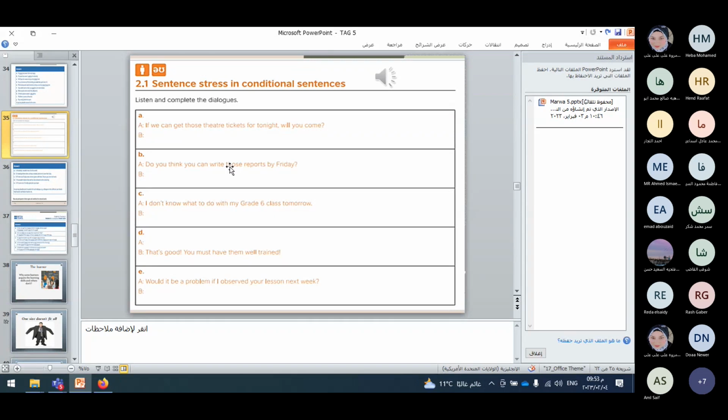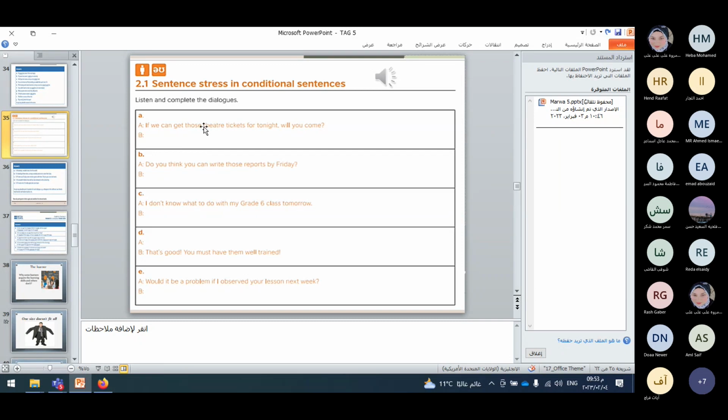So I'll read the sentences for you with the intonation of the sentences provided here, the 3 sentences, and you will tell me what the stressed words in each sentence are.